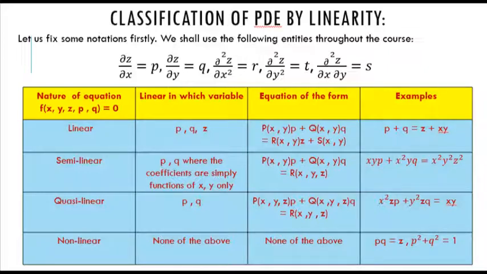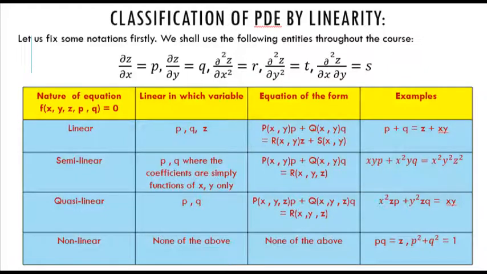Now, linear means the equation is linear in p, q and z. That means this equation will be of the form P(x,y)·p + Q(x,y)·q = R(x,y)·z + S(x,y).